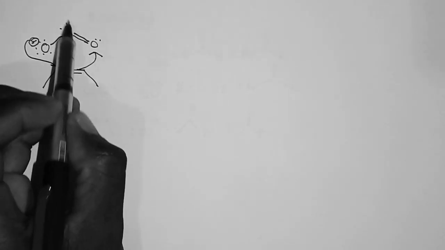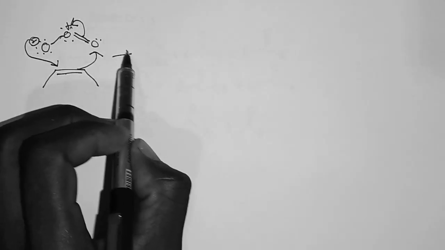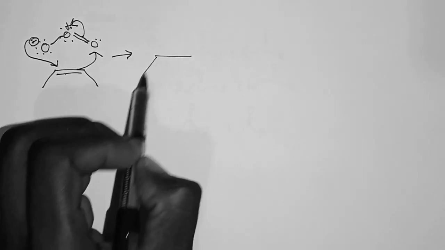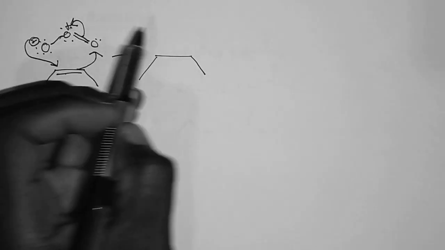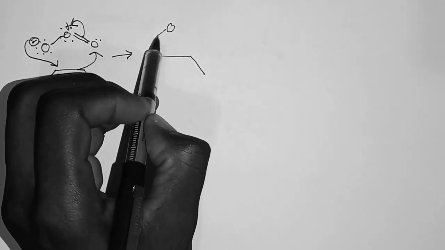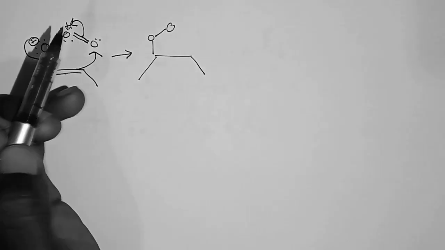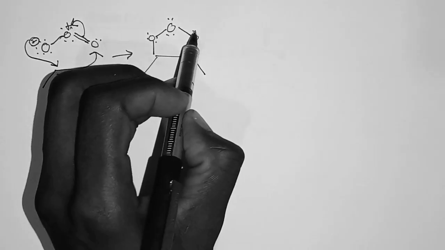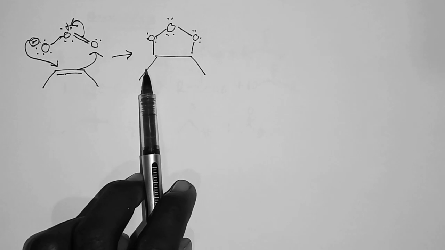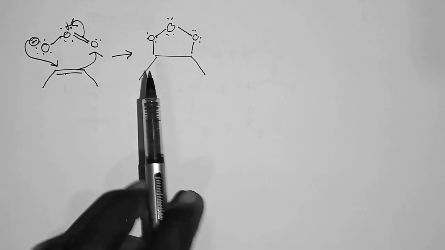And because there is electron deficiency here, this will cause us to move this bond to that oxygen. So in the next intermediate, this is what we are going to get.